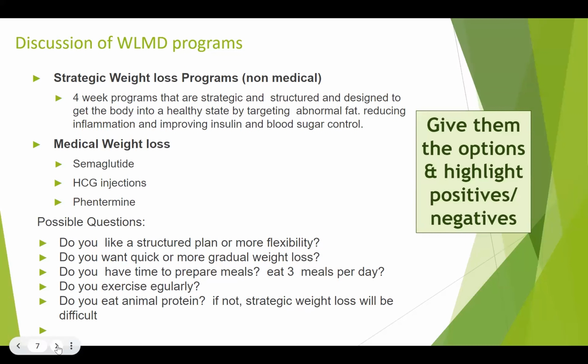So just keep in mind that it really is about assessing what is going on with the patient. What do they want? What do you think is best for them so that you can come up with that recommendation for them?